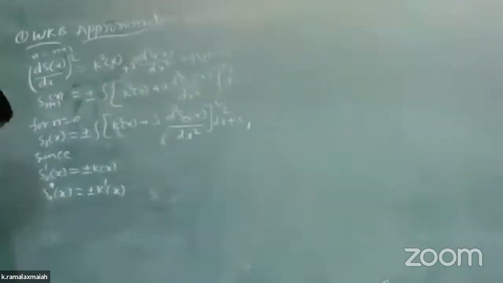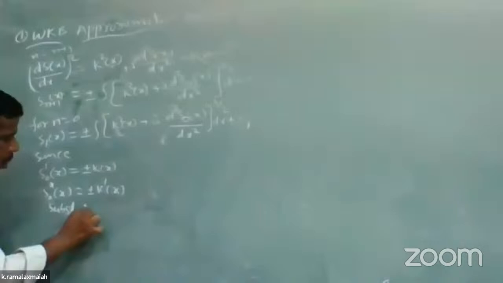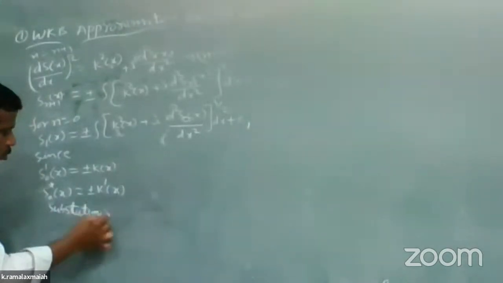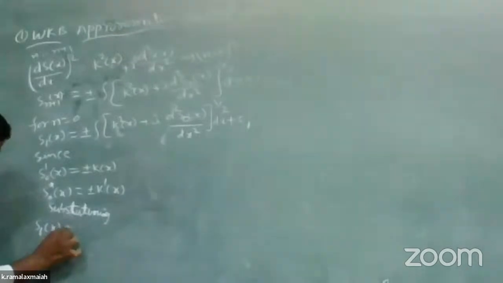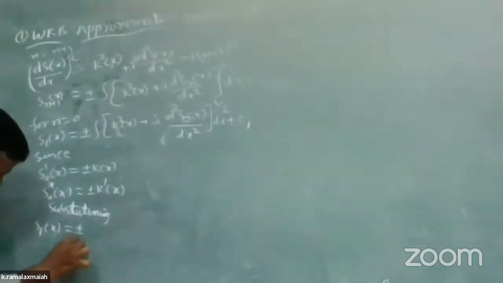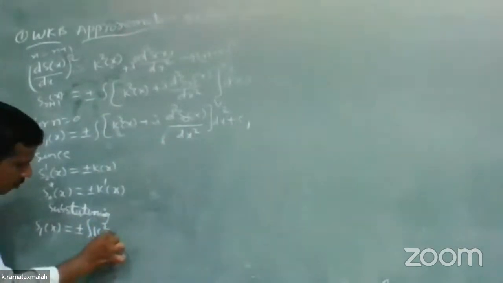See, substituting this equation, equation 22.64 in 22.65, that equation is our answer. So that is S1 of x is equal to plus or minus the square root of k square of x.